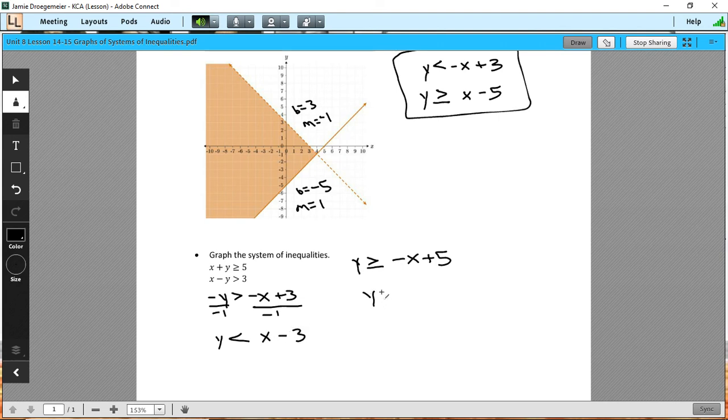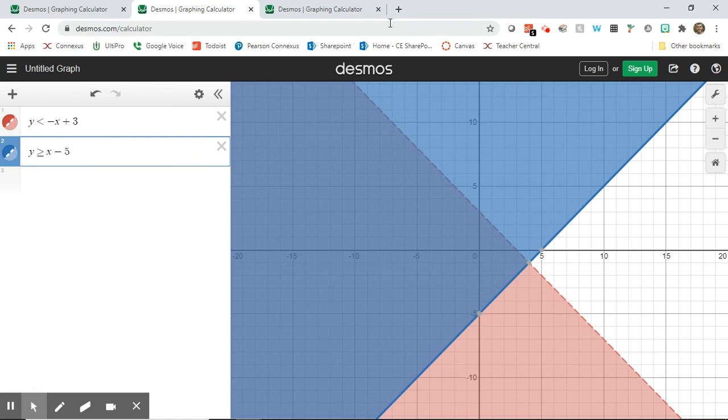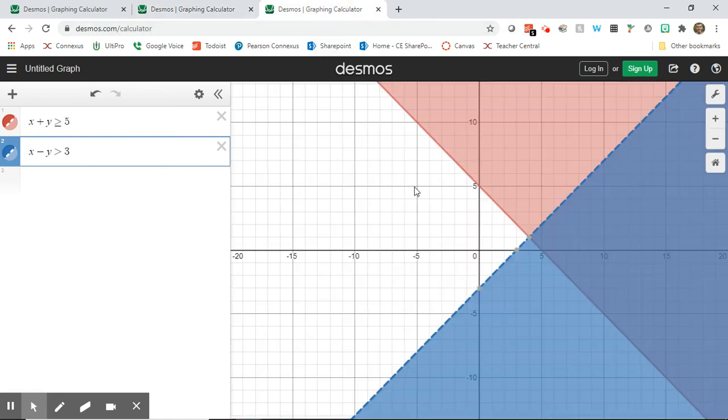So our two inequalities in our system would look like this. We could graph, and let me pull it up on Desmos here. So I went ahead and graphed them as they were given, and you can see our shaded area here in the purple, that's going to be our solution area.